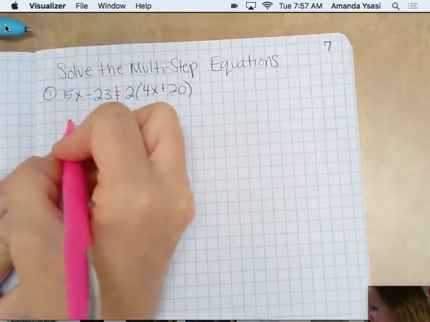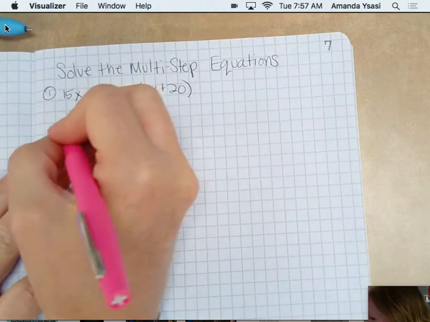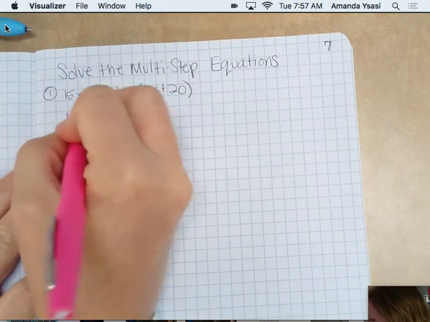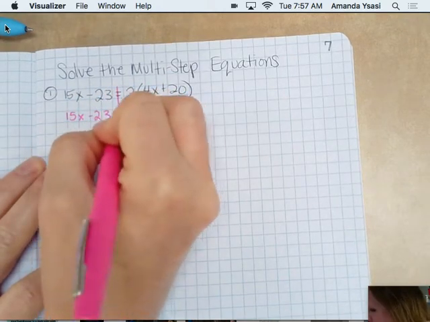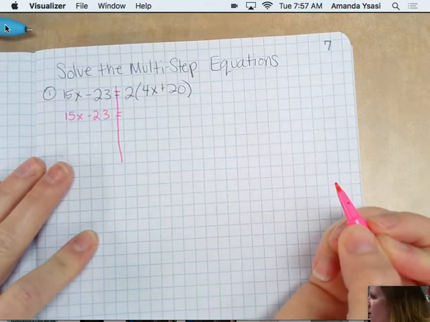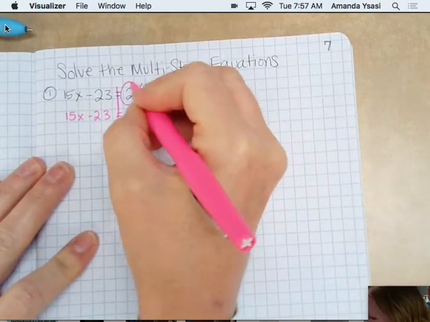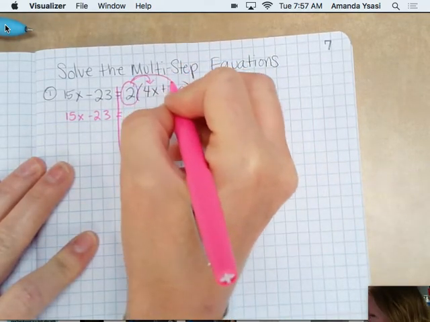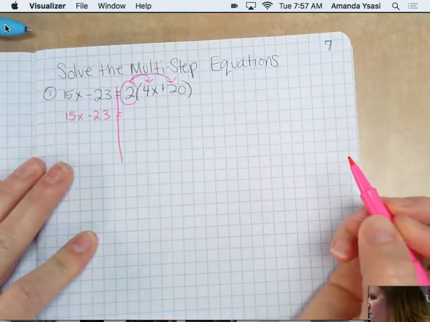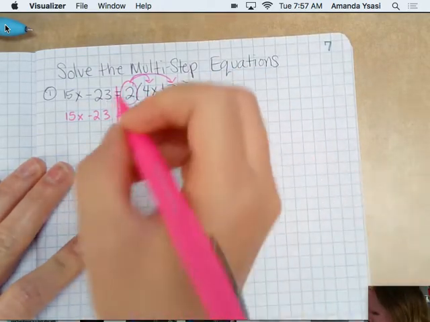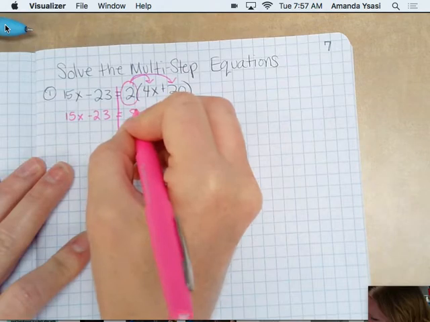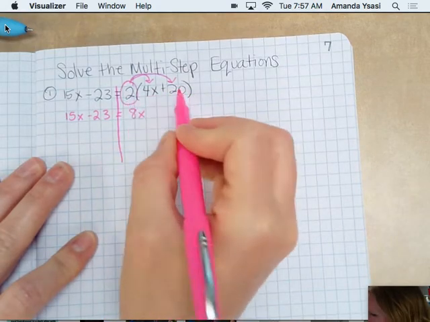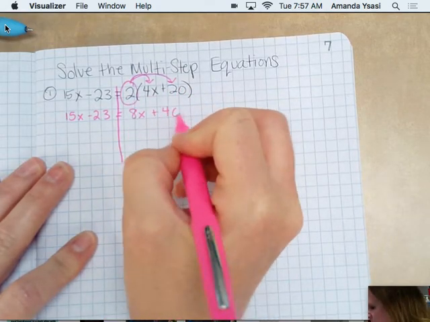The left-hand side is already simplified, so we'll just bring it down. The right side, we are going to distribute the 2. So 2 times 4 is 8x. 2 times 20 is 40.